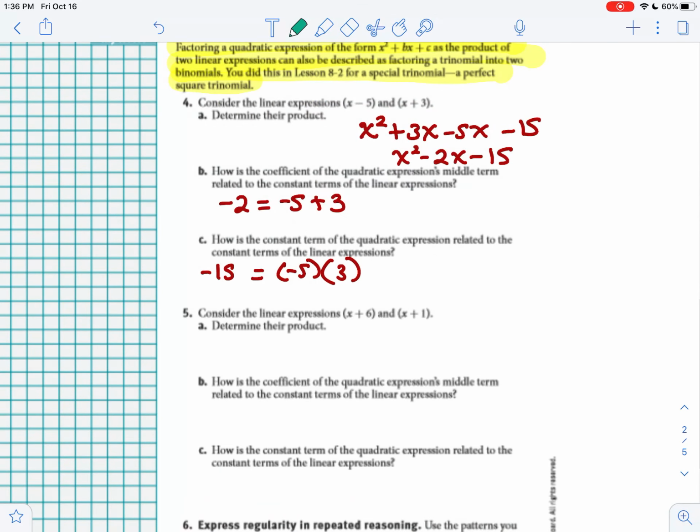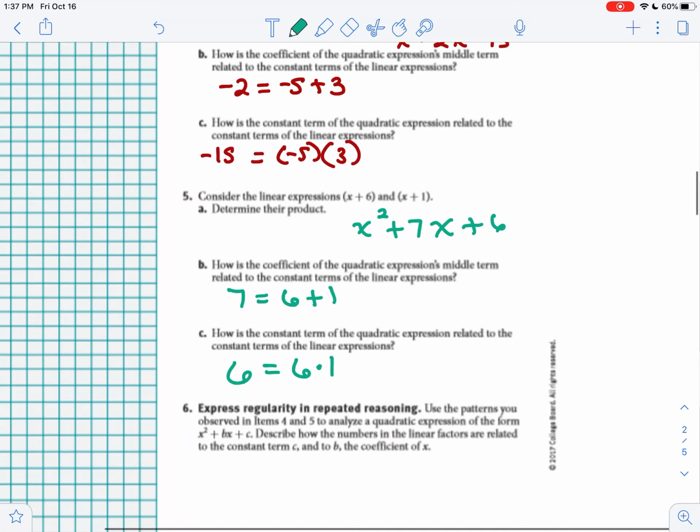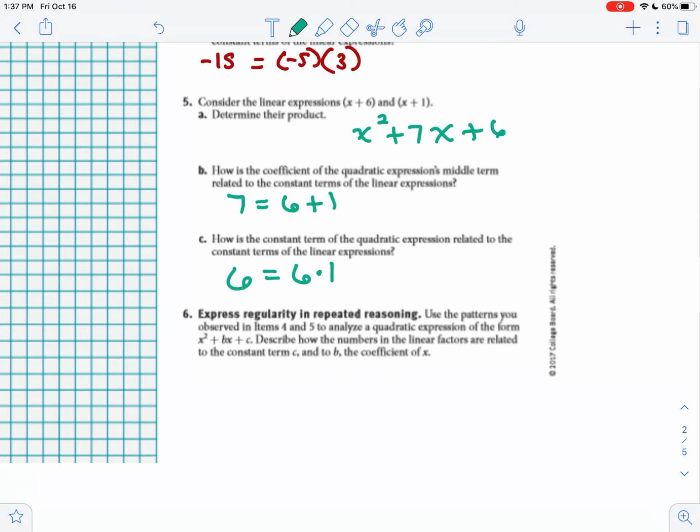So if we do the same thing with number 5, it says consider this expression, and we want to again find the product. So if I do x times x, again, I get x squared, and then 1x plus 6x, that's 7x, and then 6 times 1 is 6. So let's look and see if the same pattern holds true. Okay, notice that the middle term 7 is equal to 6 plus 1, and the constant term 6 is equal to 6 times 1. So the pattern does hold true.